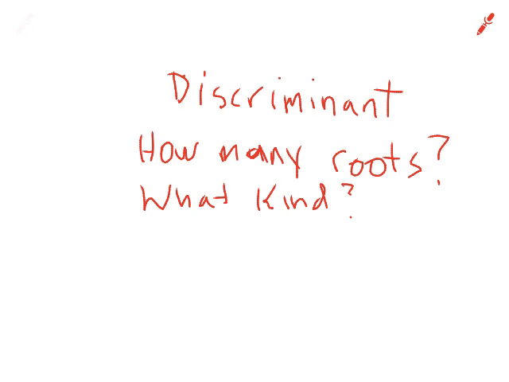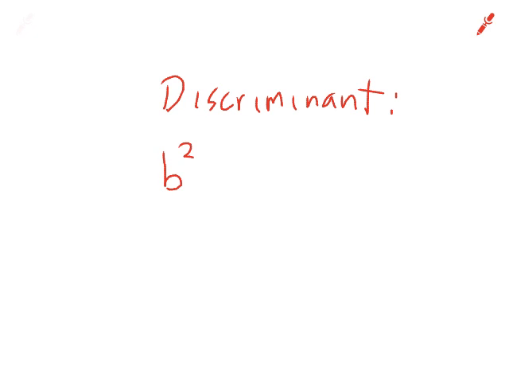Okay? So first of all, let's talk about what the discriminant is. The discriminant is part of the quadratic formula. It is the part underneath the radical. It's just the b squared minus 4ac.